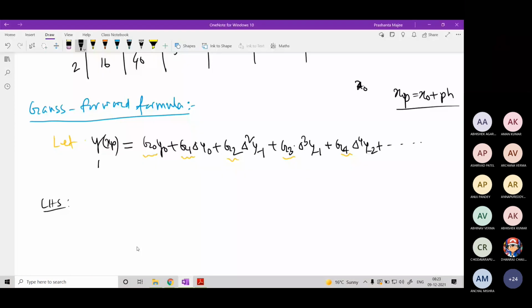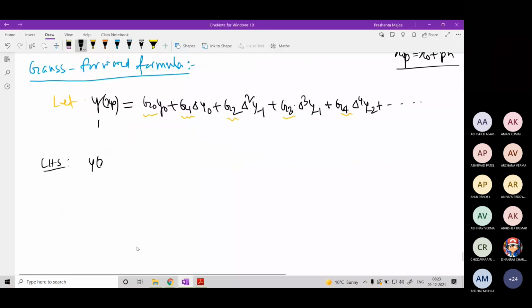Okay. So on the left hand side we have y of x_p. Tell me, in terms of the shift operator, what is it? E power p of y naught.